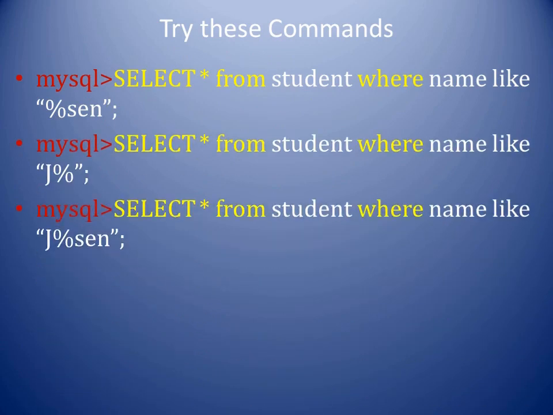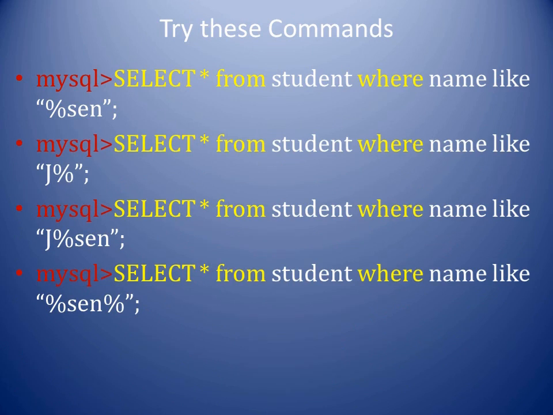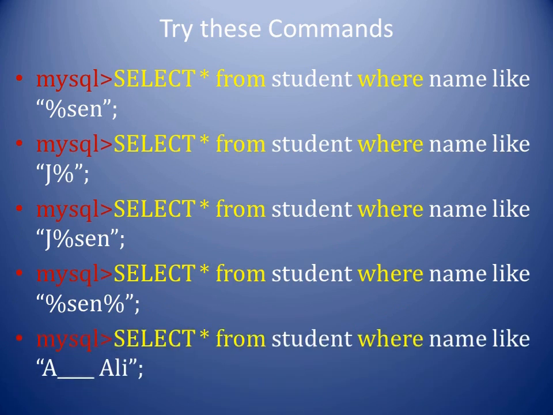When you run these commands, you will observe that for statement 1, all those records where name has last three characters as SEN are displayed. Because starting is not known to us, that is why we have used percentage sen.